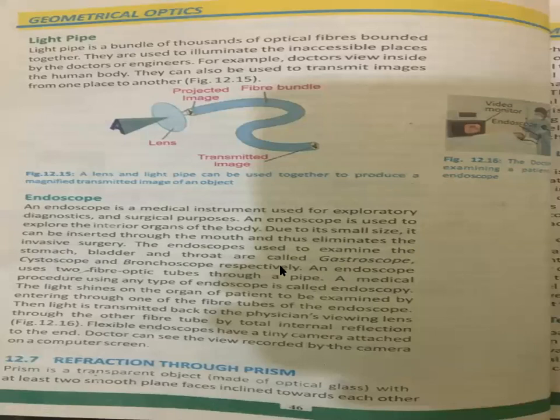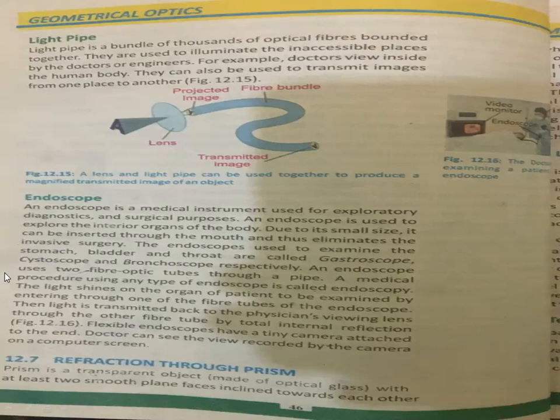To examine the stomach, they use the gastroscope. To examine the bladder, they use the cystoscope. To examine the throat, they use the bronchoscope. The overall procedure is called endoscopy.